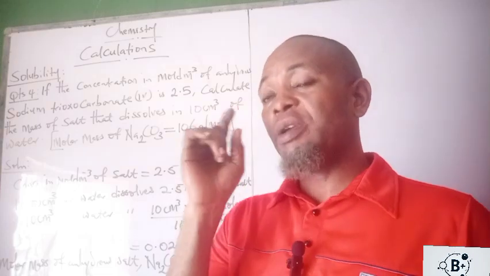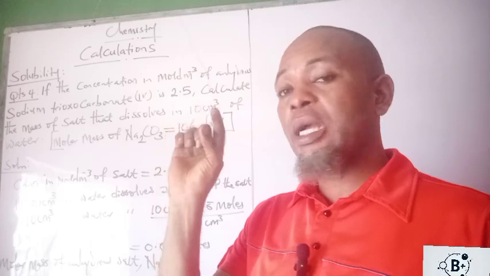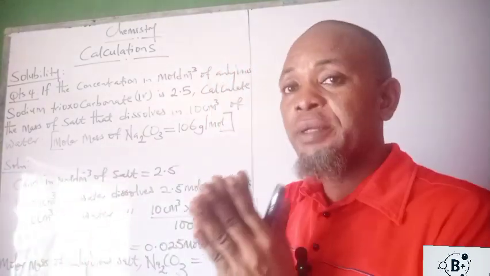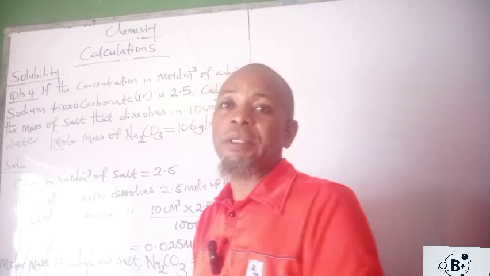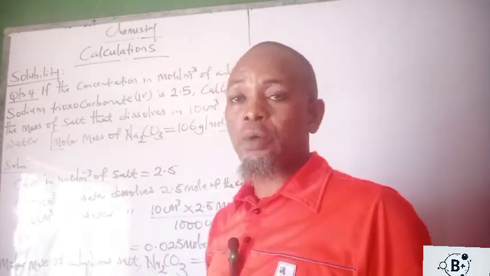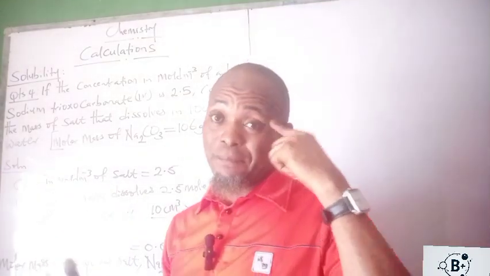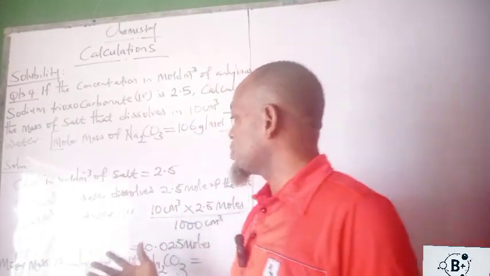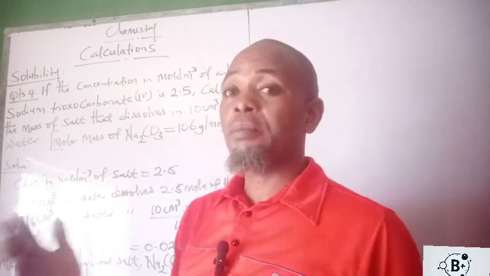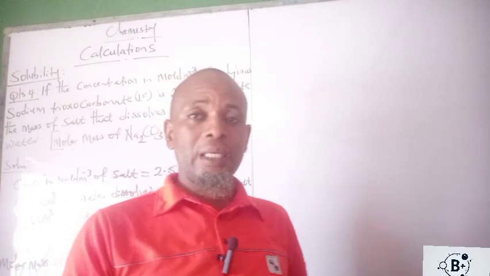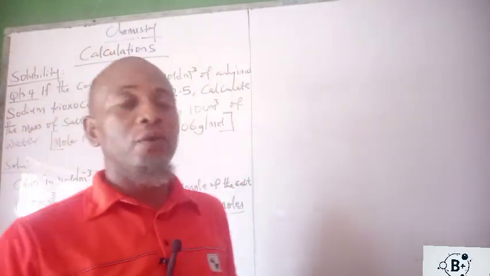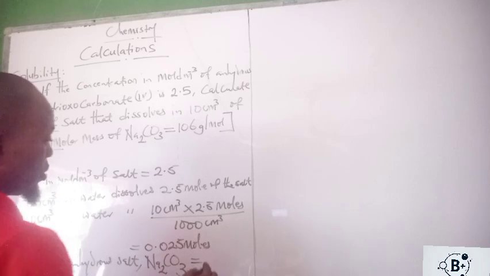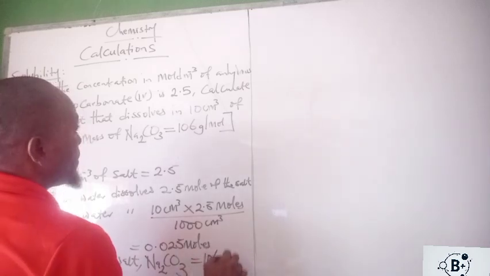The atomic mass of each atom in the compound has to be added together in terms of the number of atoms in them, then we get the molar mass. Maybe in a subsequent video I will do a basic calculation of atomic masses, so you can brush up in case you have forgotten how that is done. Now this has been given to us as 106 gram per mole.